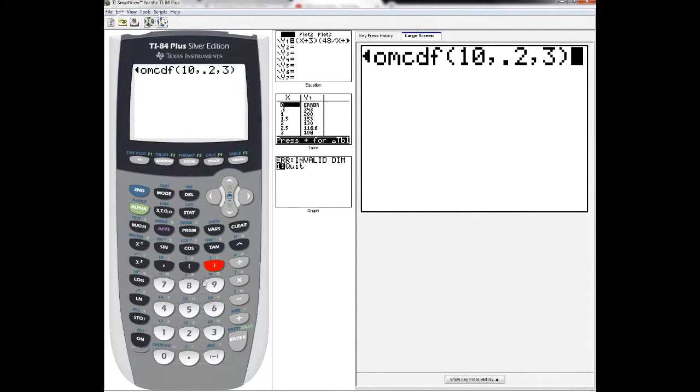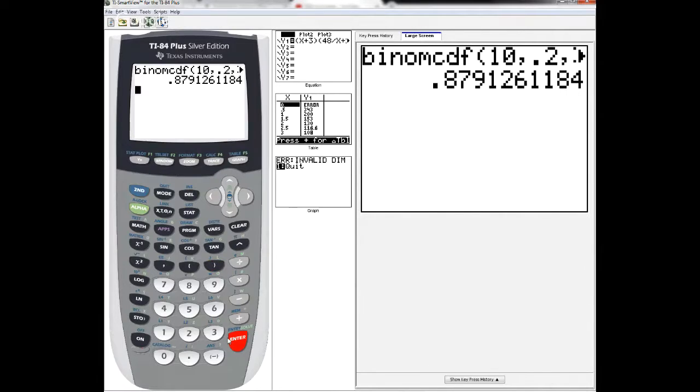Okay? This gives you all of them added together, which tells you that if you're guessing on this quiz, the odds that you were to guess 3 questions or fewer correctly is quite high. Okay? It's actually quite high. Almost 88%. Okay?